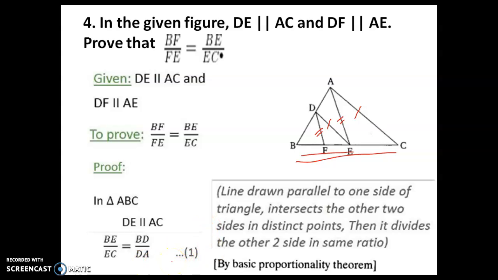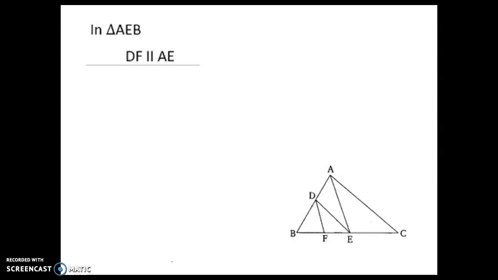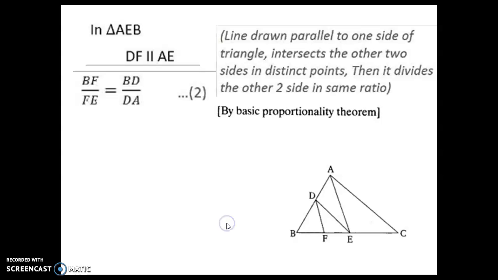So let's move to the next triangle. Triangle ABE, this smaller triangle we are taking. In this triangle, DF is parallel to AE. This is already given. So by the basic proportionality theorem, we can write BF by FE equal to BD by DA.